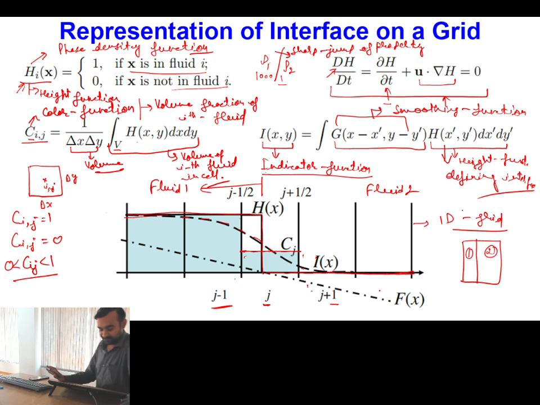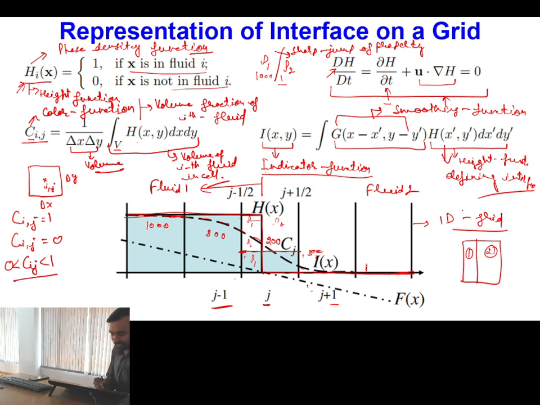So it means that if I use the height function in my numerical scheme, then up to this point I have to use rho 1 and immediately after this I will go to rho 2. Similarly, if I use the color function, then up to this portion I have to use rho 1 and in the remaining portion I have to use rho 2. But if I use the indicator function, then where the indicator function is 1, say the density is 1000, and here the indicator function is slightly less, so the density may come to 800, then close to 200, then it may come to 100 or say 50, and finally it will become equal to 1.